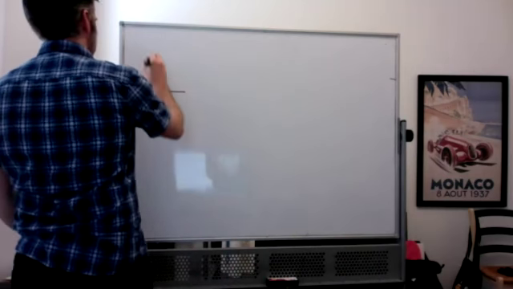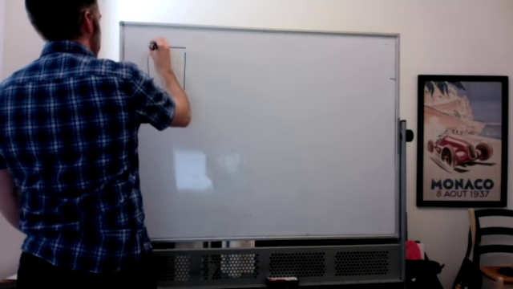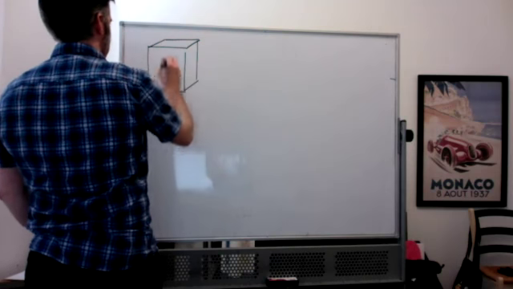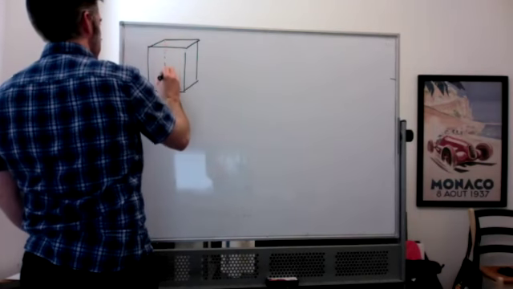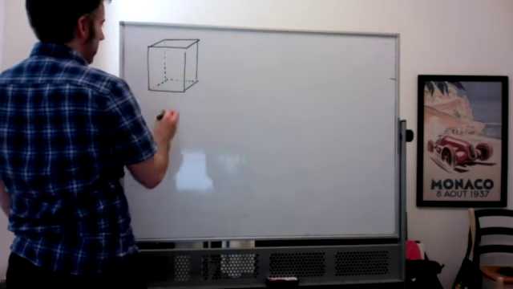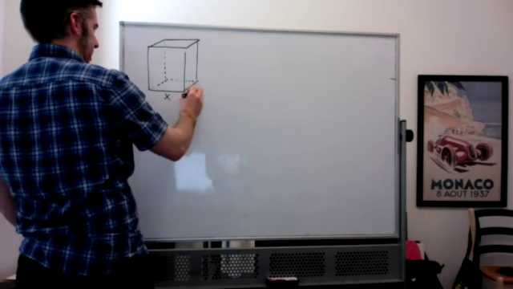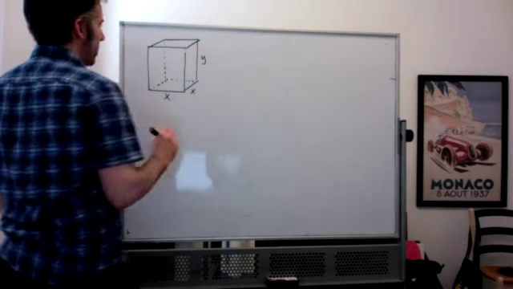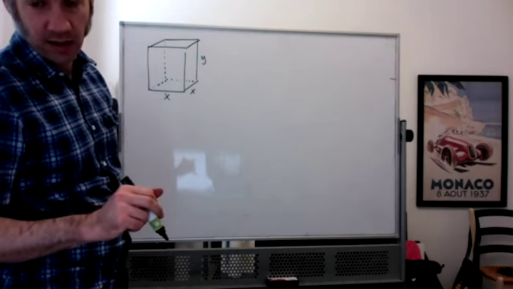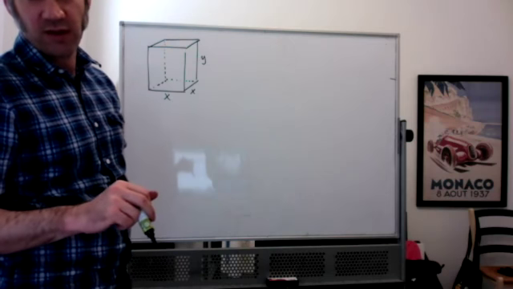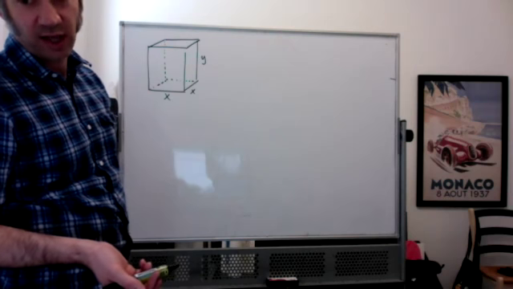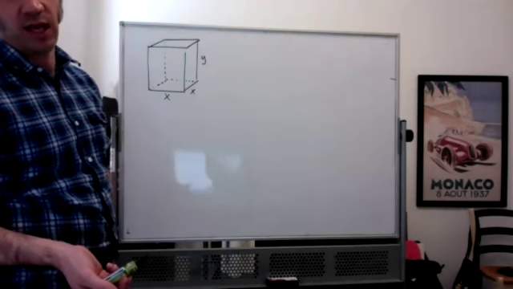So here's my rectangular box with a square base. So the base is square, meaning those are both x, and the height, let's call it y. Let's read the rest of the question. If the material for the top and bottom of the box costs 4 times as much as the material for the sides, find the dimensions of the most economical box.